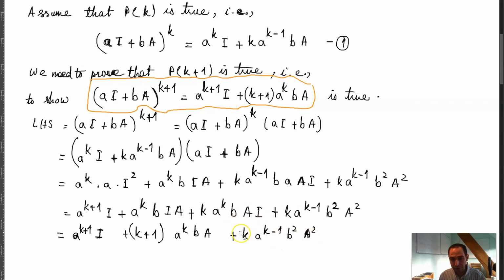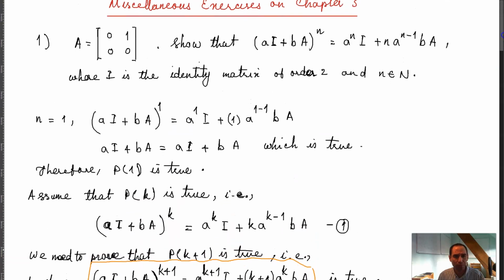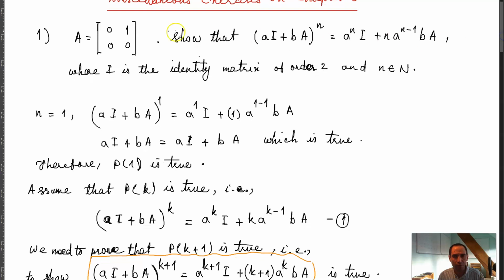And somehow this term must be zero. I think if you calculate A squared, you will end up with the zero matrix.